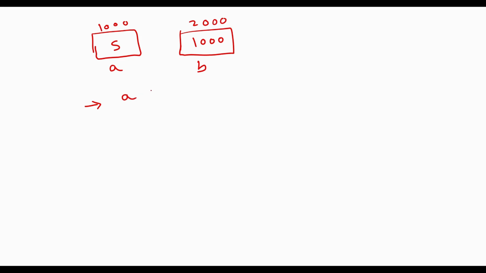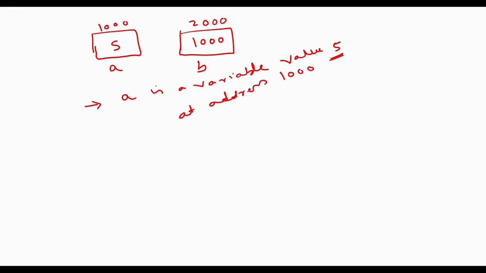We will say A is a variable which has the value 5 at address 1000. Understand, pointer is a concept which is very easy if you understand it clearly.